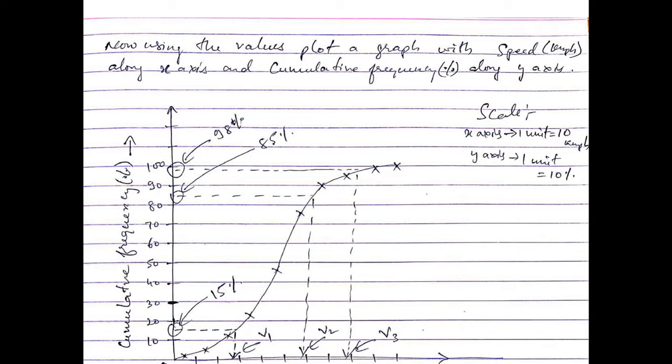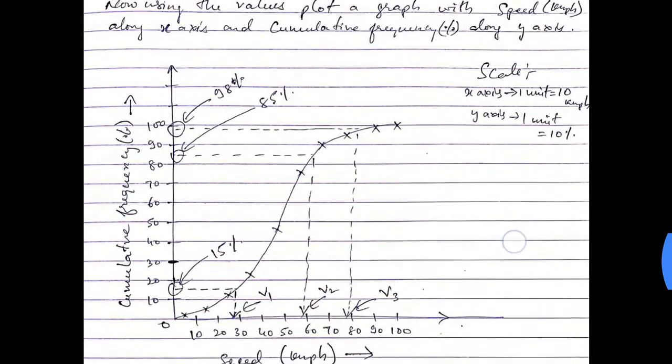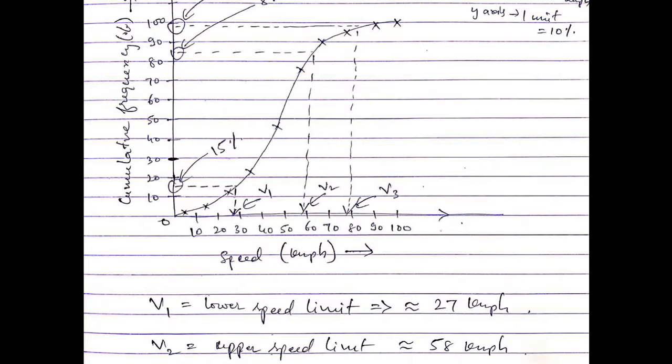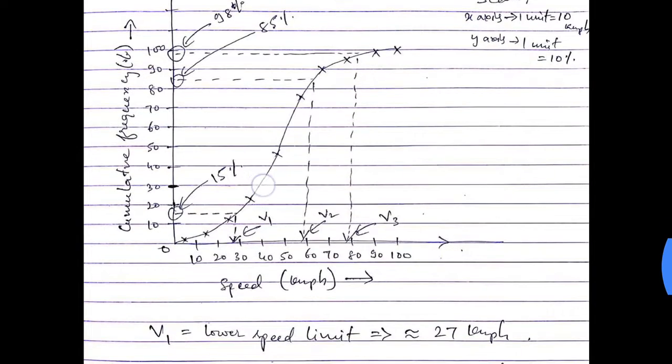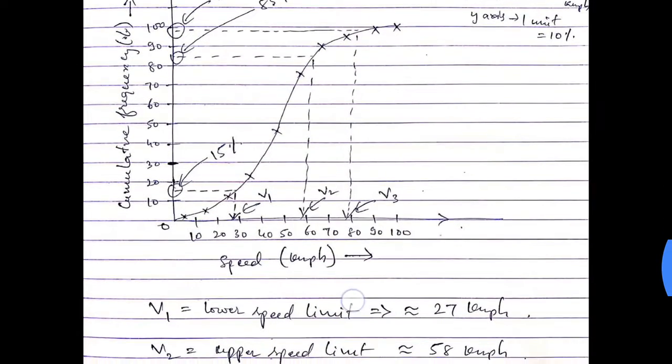Now you need to find the upper and lower speed limits. The lower speed limit is given by the 15th percentile. So 15% is the lower speed limit.